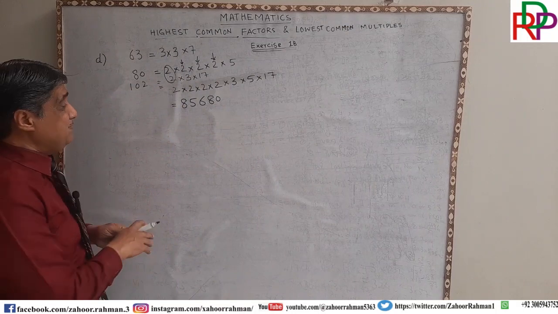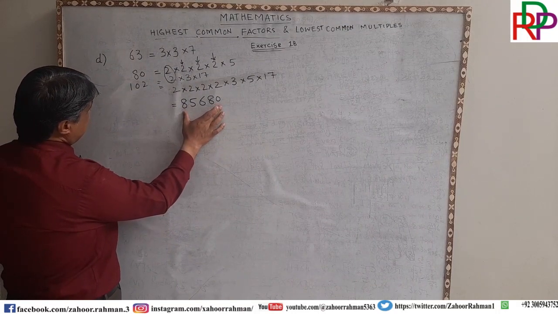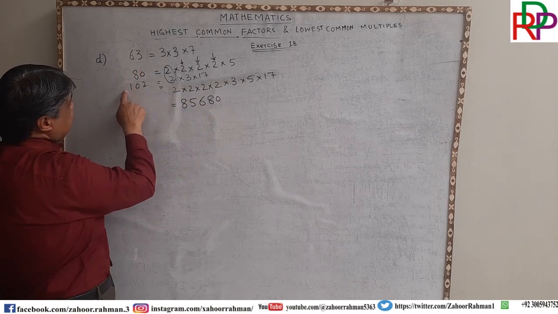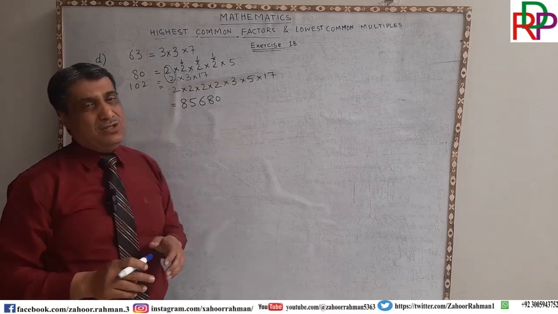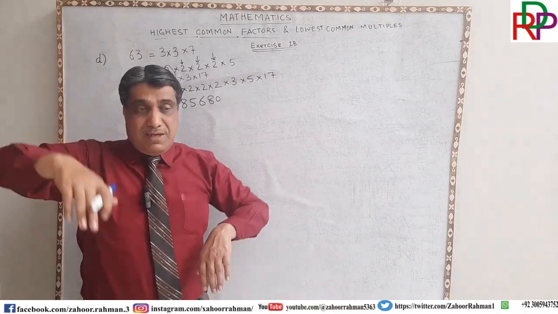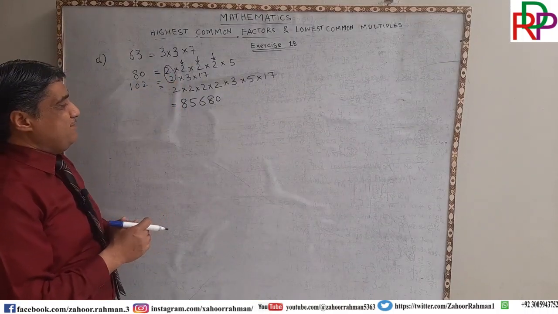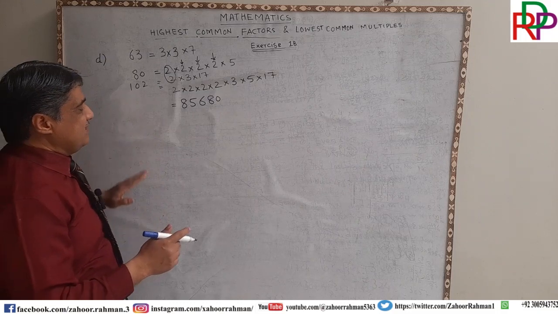What does it mean? It means that this is the smallest number which is divisible by all of these, 63, 80 and 102. There is no largest such number, but there is a smallest number which is common to these.